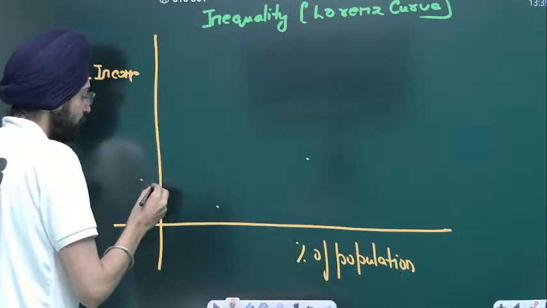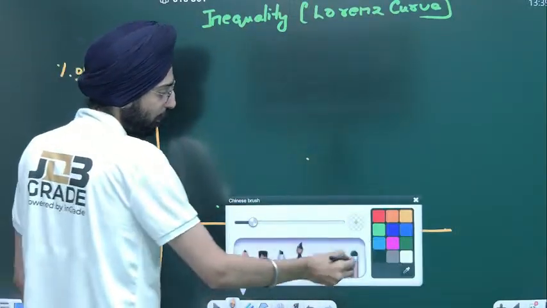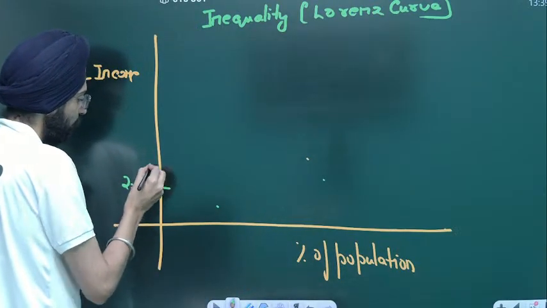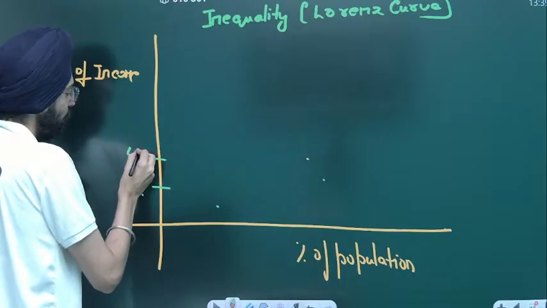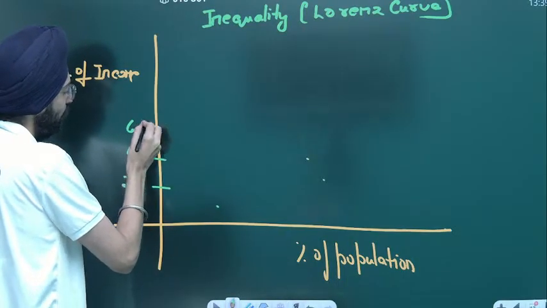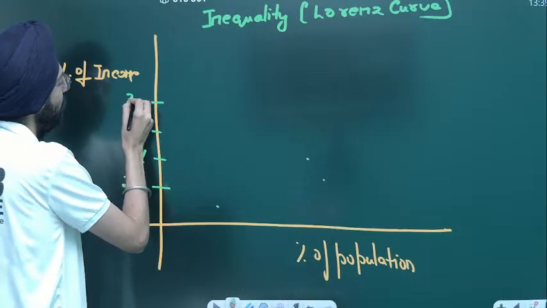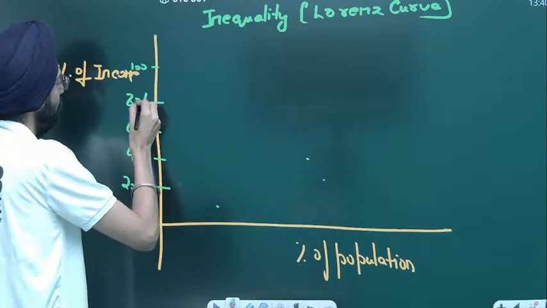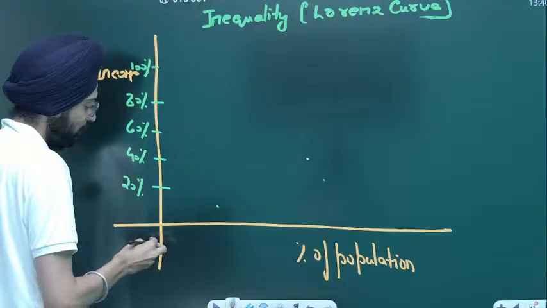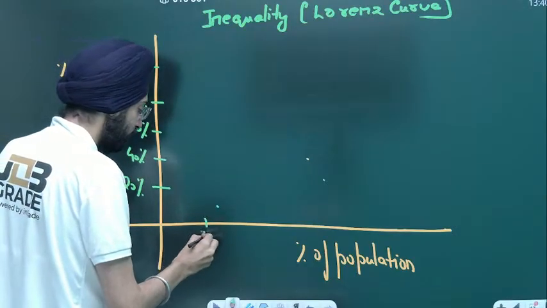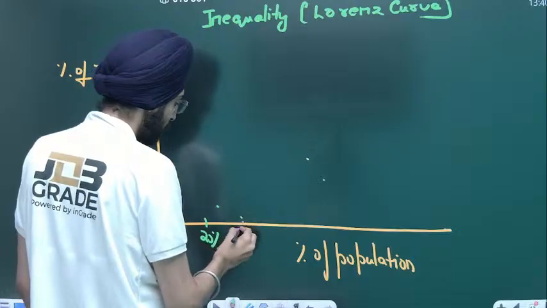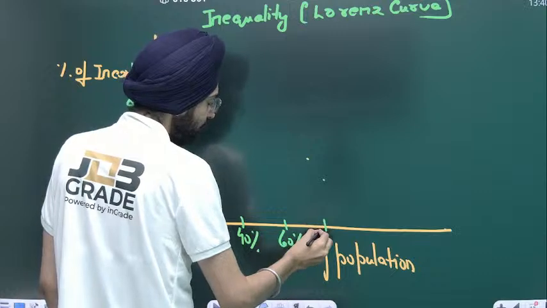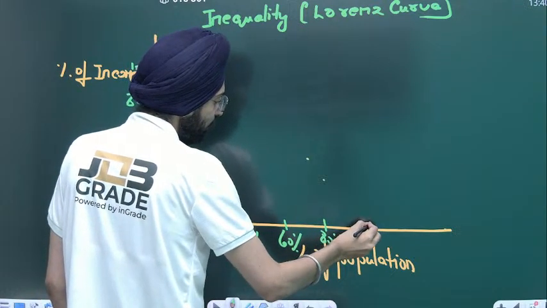Now, let me give you the markings for this: 20, 40, 60, 80, 100 on both axes.